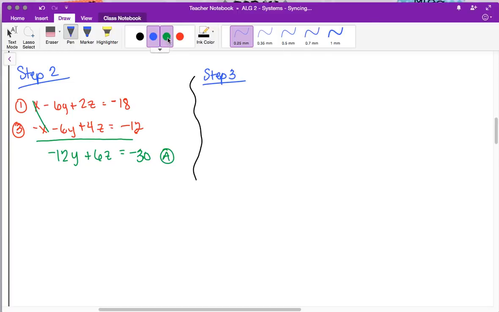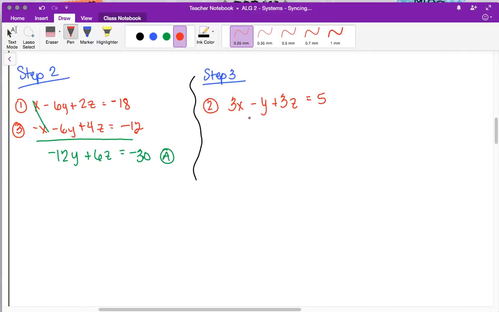Step 3 says to pick 2 different equations. One will come from one that we used in step 1 and eliminate the same variable. Since I eliminated the x's in step 2, I still need to eliminate my x's in step 3. Now, we used equation 1 and 3. This time I have to use equation 2 plus another one. So I'm going to write equation 2, which is 3x minus y plus 3z is equal to 5.